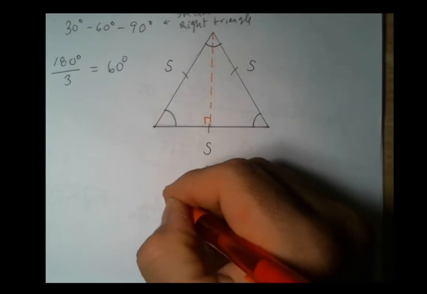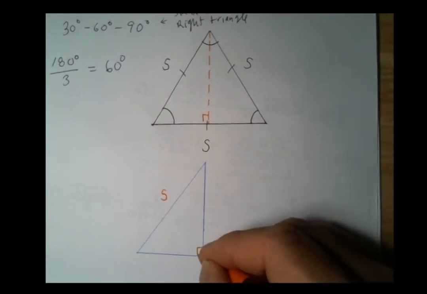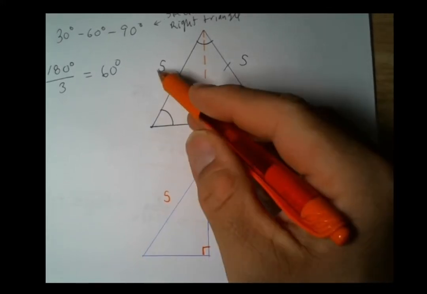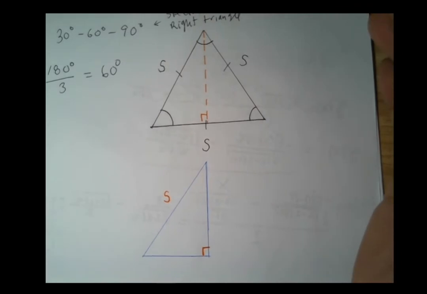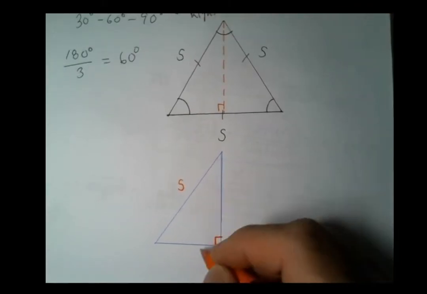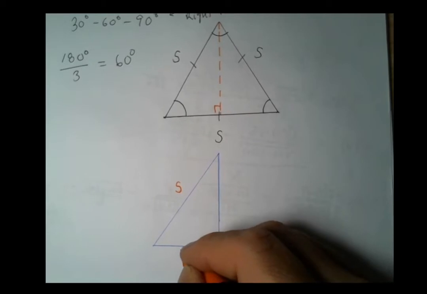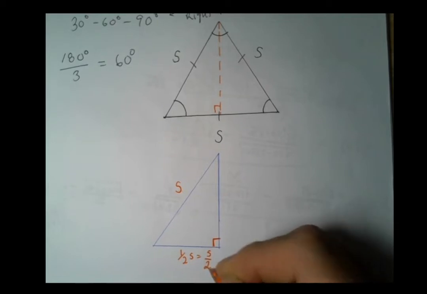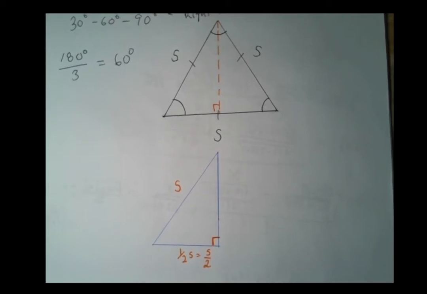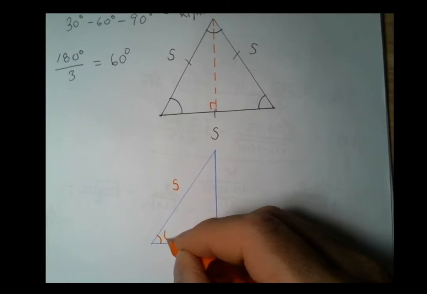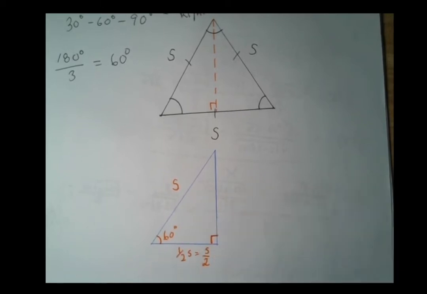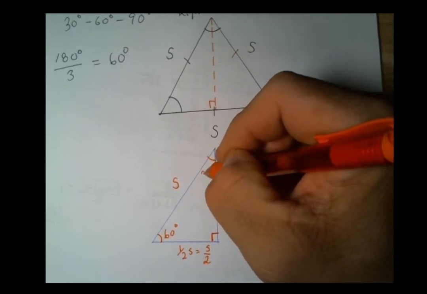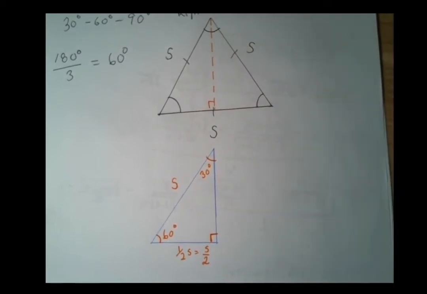So the hypotenuse of our now right triangle is side S, where S is just some fixed value. Since we bisected this side, this now becomes 1/2 S, or sometimes written as S over 2. The angle here is 60 degrees, and since we bisected this angle, half of 60 becomes 30 degrees.